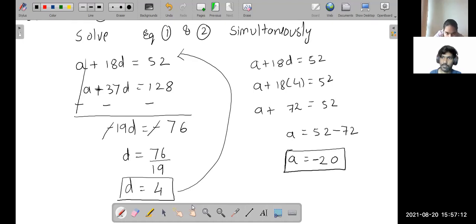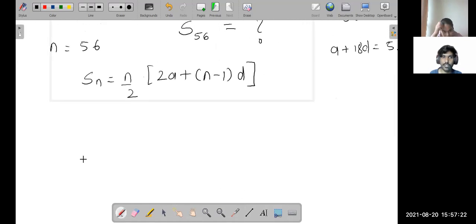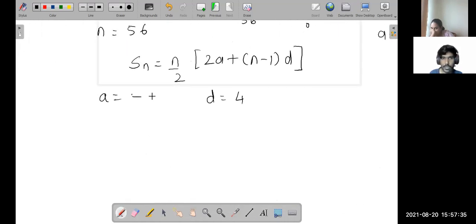Simultaneous equations. Yes? Okay. Now we'll substitute this in the formula here. We got D, which is 4, and A, which is minus 20.